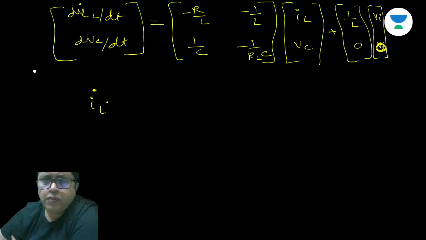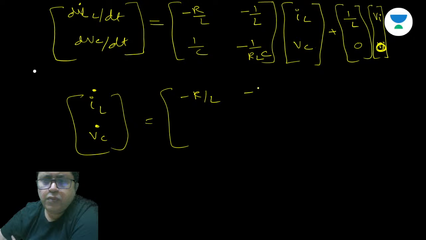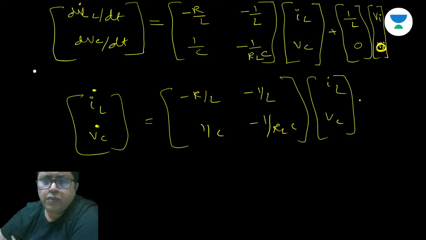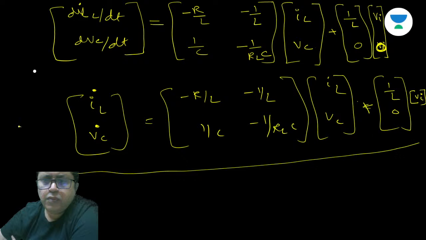This is IL dot, this is VC dot, is equal to the matrix minus R by L, minus 1 by L, 1 by C, minus 1 upon RL C, times IL and VC, plus 1 by L, 0 times Vi. Okay, so this is the state equation.